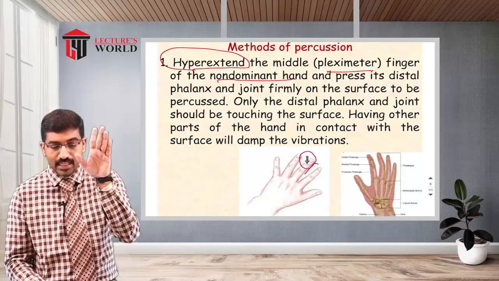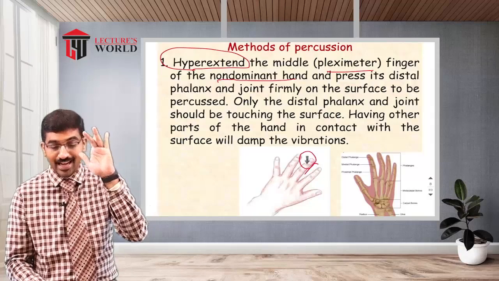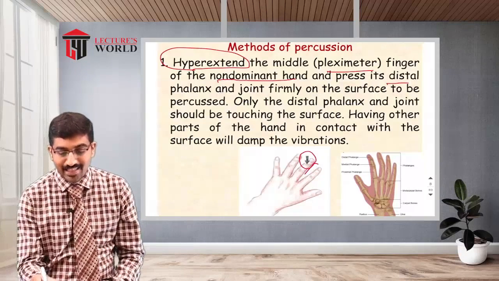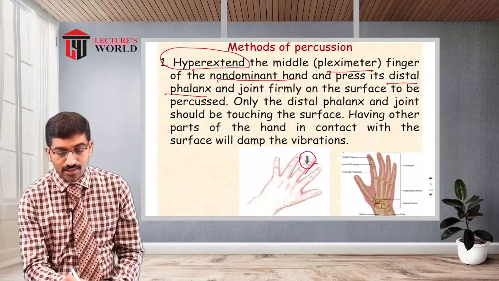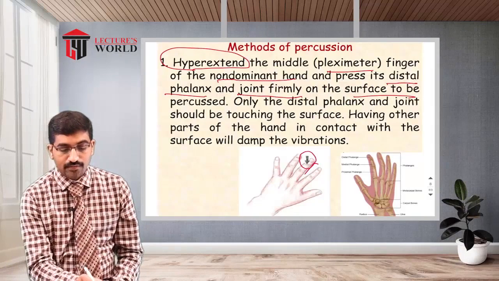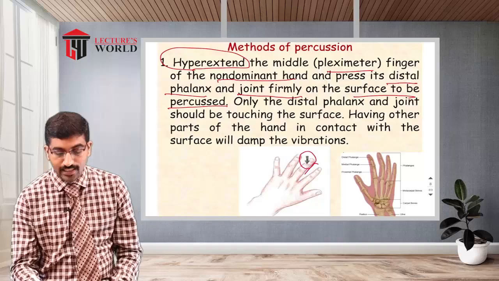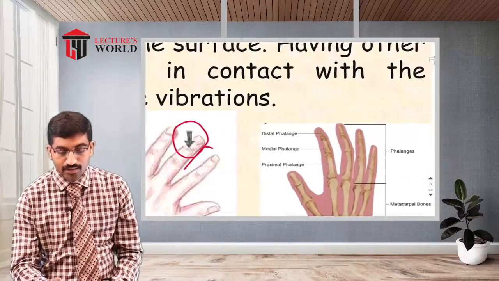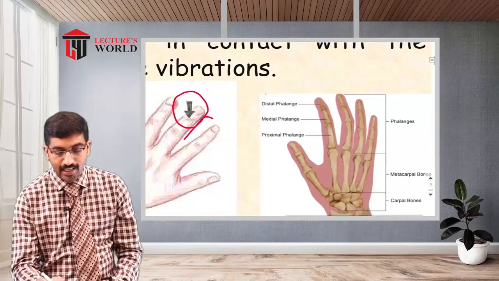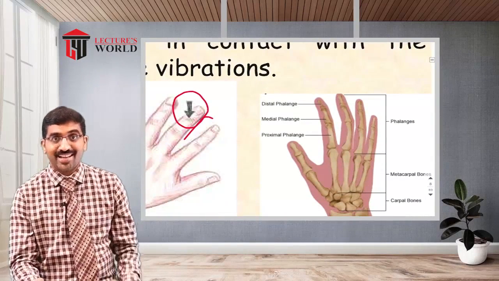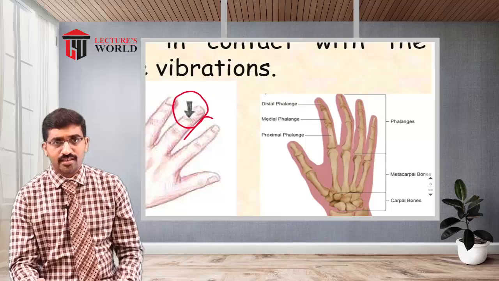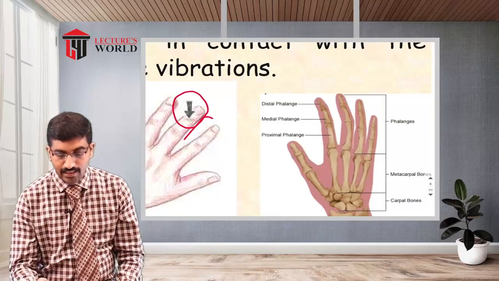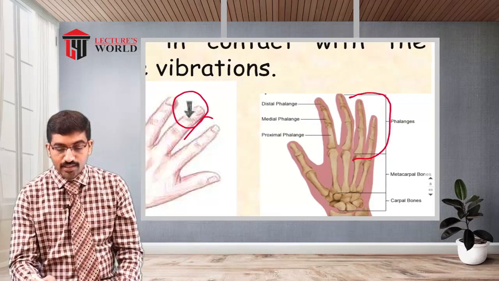I will take the middle finger of this hand and press its distal phalanx and the joint firmly on the surface to be percussed. You can see in the diagram, I'll zoom in so you can see very clearly. I'm not going to take an anatomy class, but for your understanding, this area is known as the phalanges.